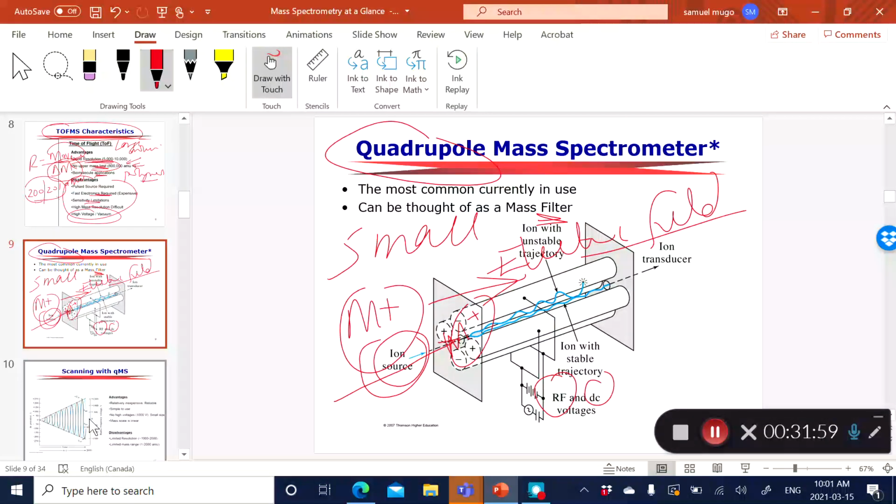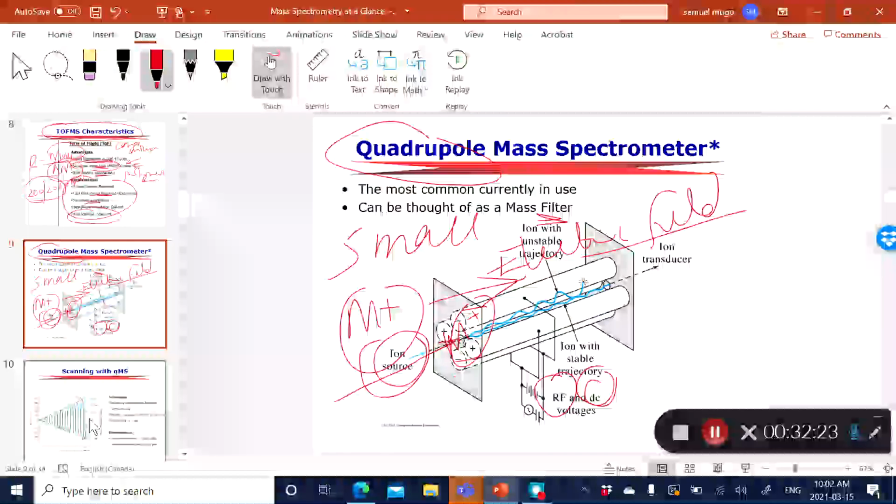And then I apply a radio frequency field across these electrodes or these rods. And I apply equally a direct current, I superimpose a direct current across the rods as well.